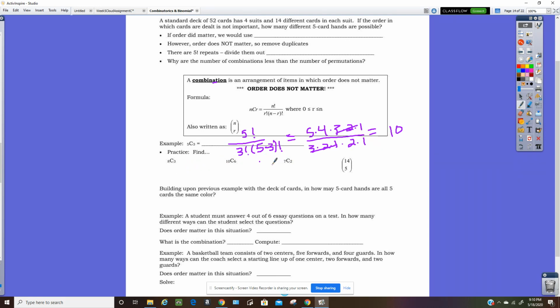You do the same thing for this row here. I'll go ahead and do this one because it's a different notation. So this would be 14 factorial over 5 factorial times 9 factorial. I have to use my calculator.